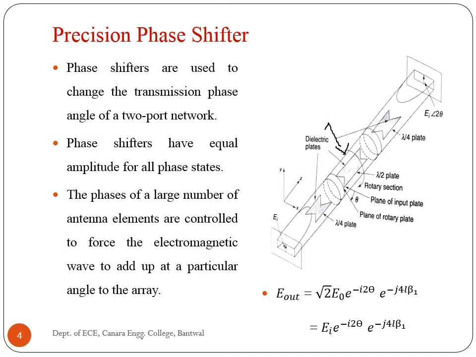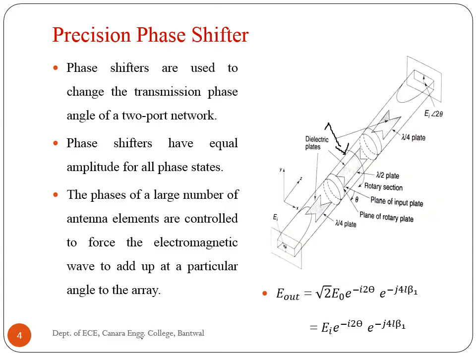The half-wave section produces a phase shift equal to twice its rotation angle theta with respect to the quarter wave section. The dielectric plates are tapered through a length of quarter wavelength at both ends for reducing reflection due to discontinuity.